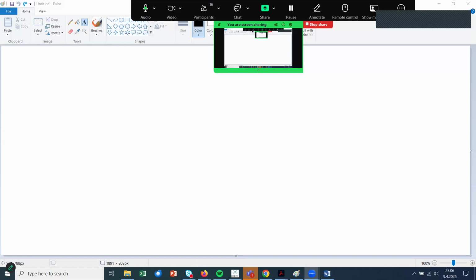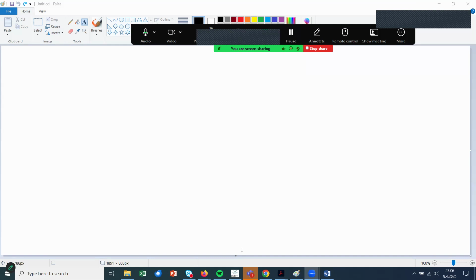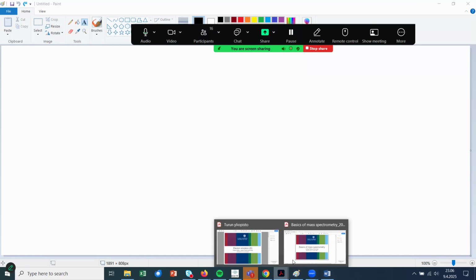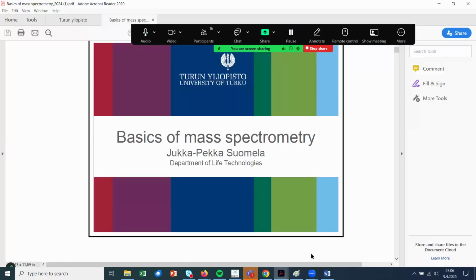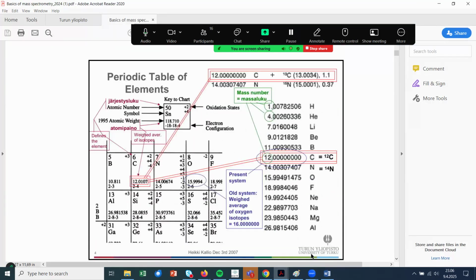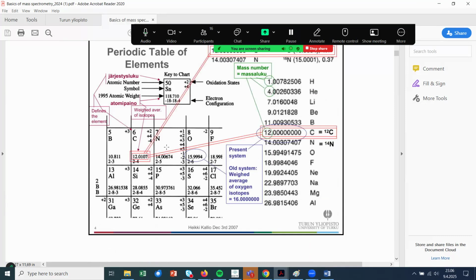So, when we are talking about mass spectrometry, we need to start with the periodic table of elements. There's a reason for that. If we see the table, we will see some numbers here.